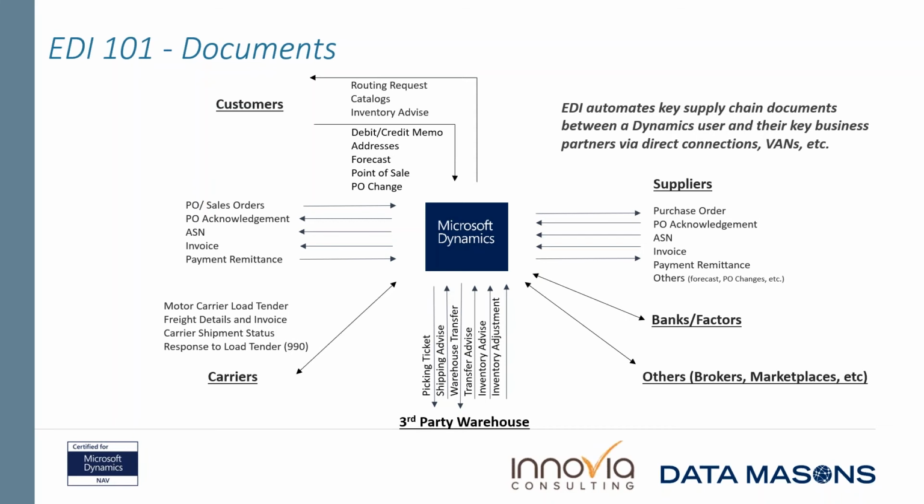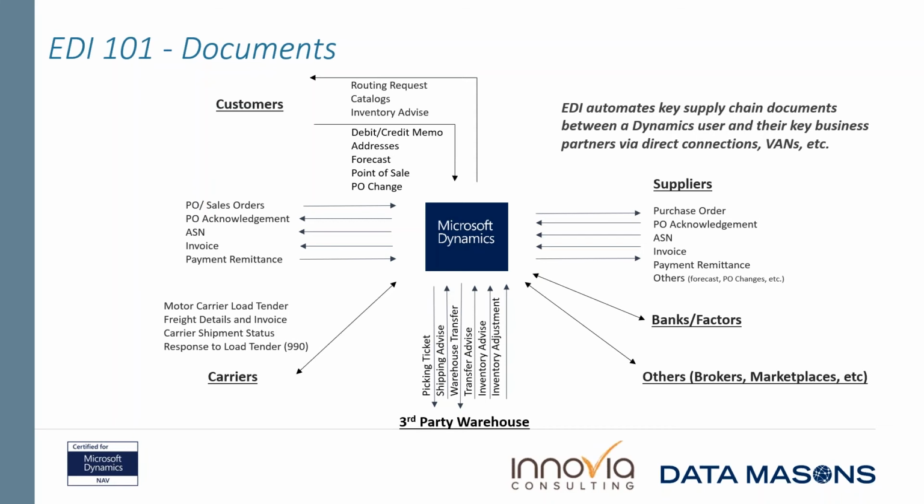As you think about your suppliers and your vendors, you're leveraging the investment that you've made with NAV to now automate sending out purchase orders, receiving advanced ship notices, etc. We even get involved with brokers and marketplaces, so for instance, Amazon and some of the other different areas that are out there. And so really leveraging the investment that you've made in Dynamics to then automate these key supply chain documents.